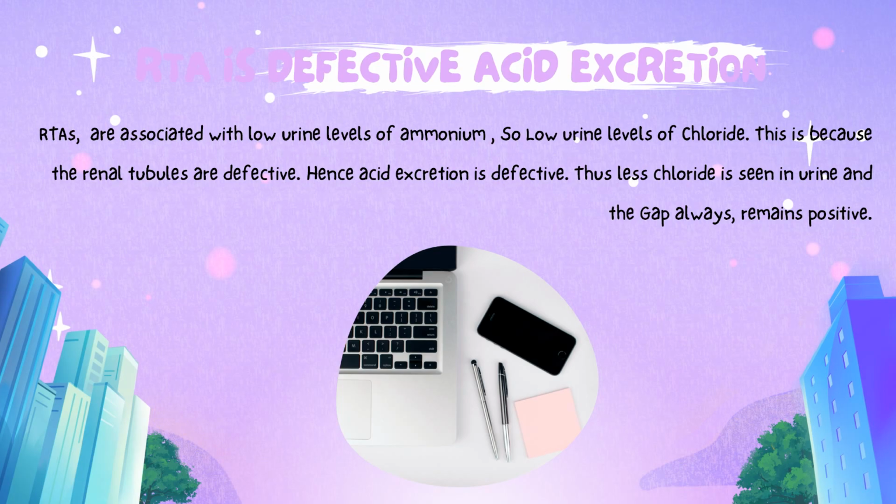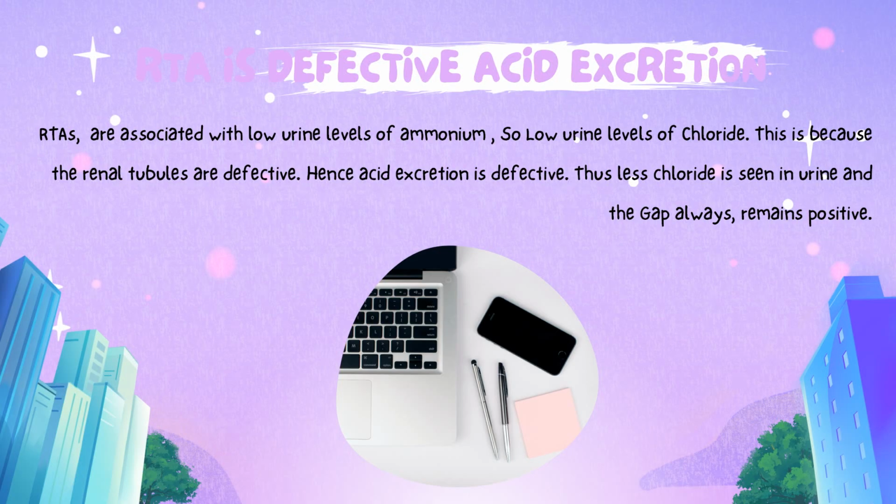So the urinary chloride levels would be low. So you'll have higher levels of sodium and potassium and low levels of chloride. So there would be a gap. So the sodium and potassium would be more than the amount of chloride, and you would have a gap.